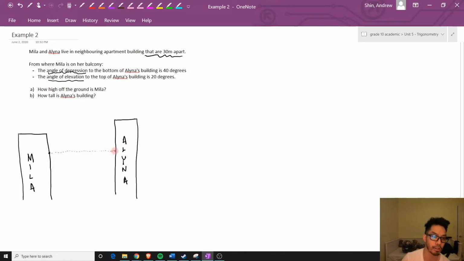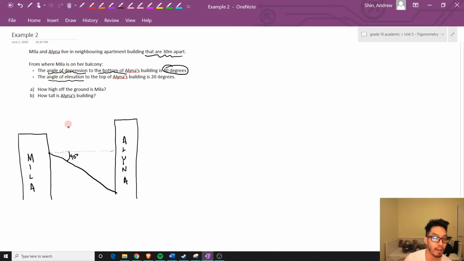And there is that horizontal, which is really, really important. Then the angle of depression, from this horizontal, is going to be 40 degrees going down, and we're going to spot the bottom of Alina's building. So her eyesight is going to go down. She's going to look down at 40 degrees, and when she tilts her head down 40 degrees, she sees the bottom of Alina's building.